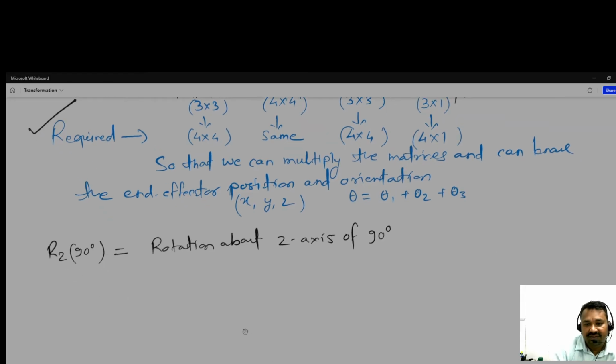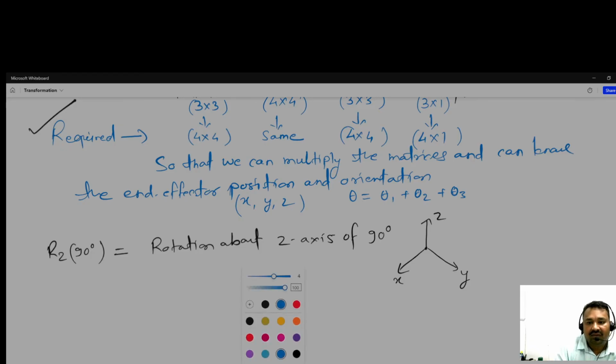Suppose this is our frame, x, y, z, and suppose the moving frame N, O, A is initially coinciding with it. So this is the initial frame.